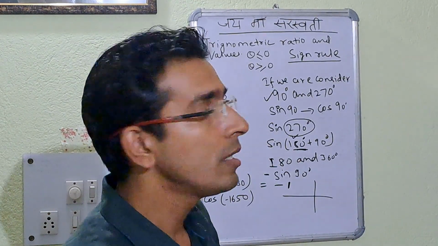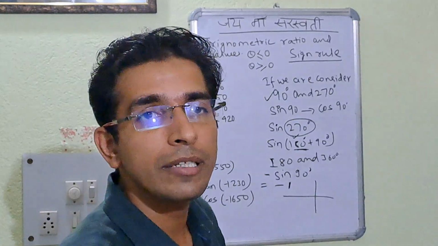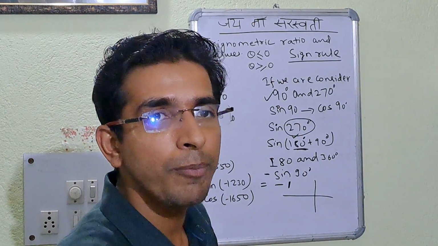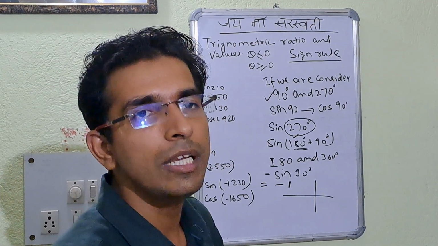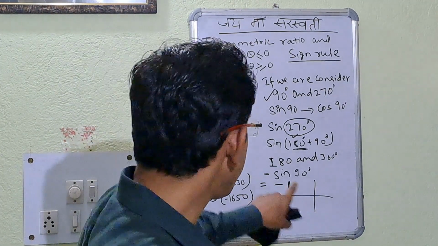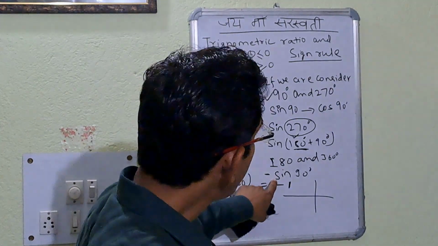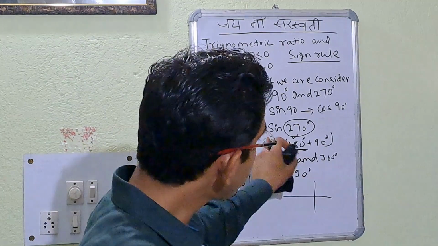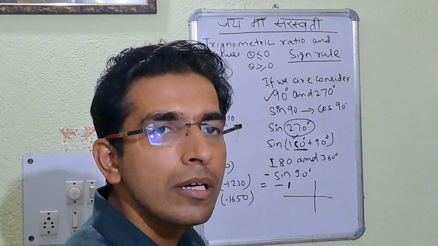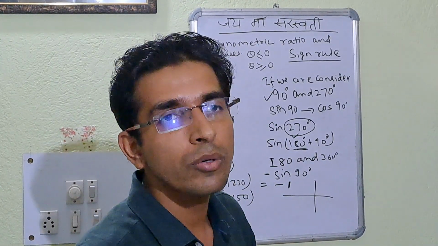So I have already elaborated the rule that if we are taking the help of 180 degree, there will be no change in the trigonometric ratio. That is, sine will remain sine only, and the sign of this particular angle is dependent on the quadrant.